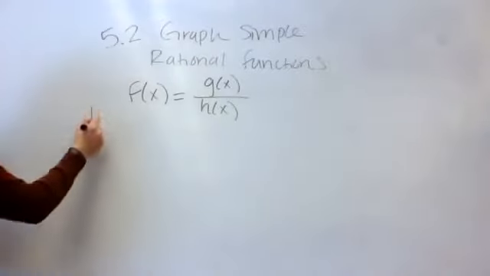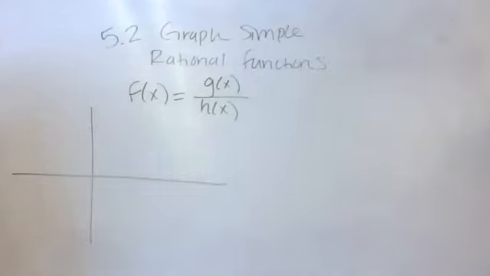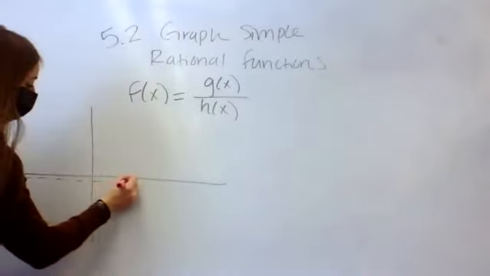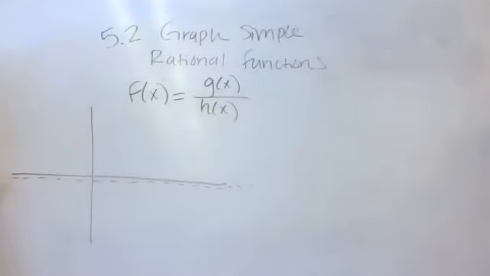So what these usually look like, and don't freak out, they look a little weird. Let me use a different color for this one. We usually have two asymptotes, the dashed lines in a function. This is called a horizontal asymptote. Why horizontal?